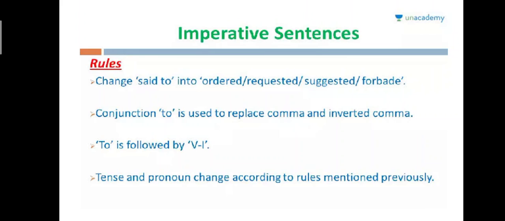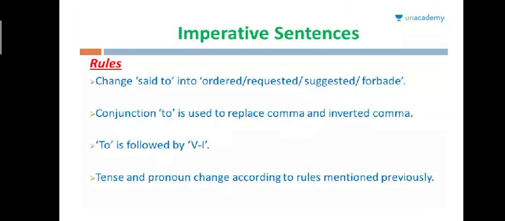What kind of sentence is given to us? Then the conjunction "to" is used to replace comma and inverted commas. "To" is followed by a verb, and then tense and pronoun change according to the rules mentioned previously.